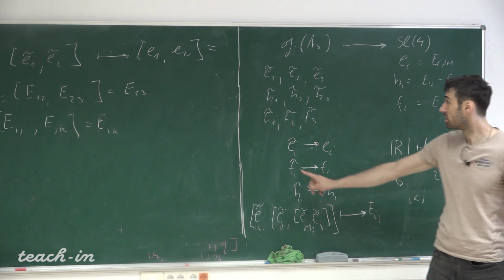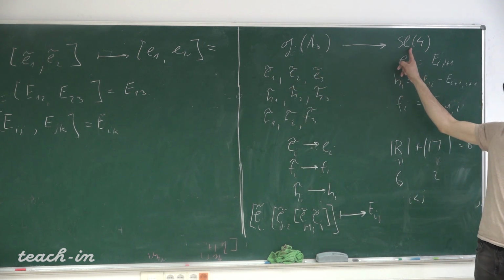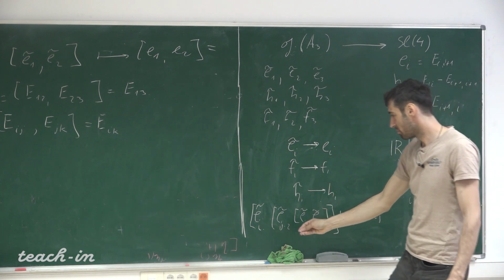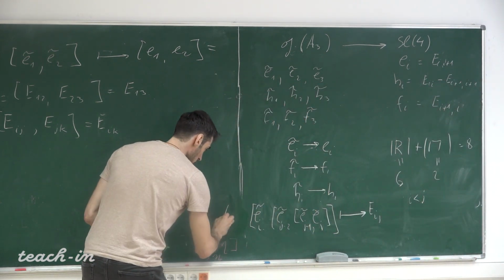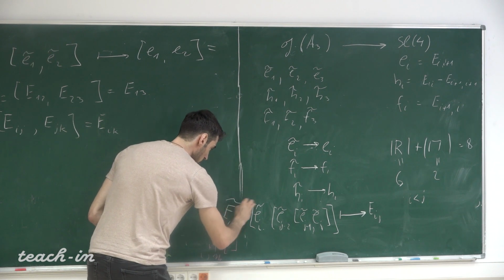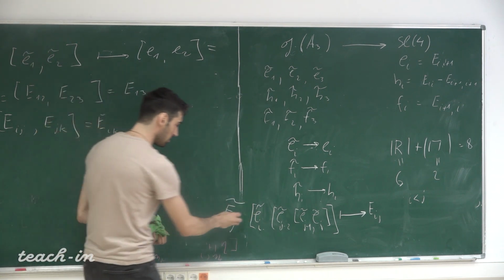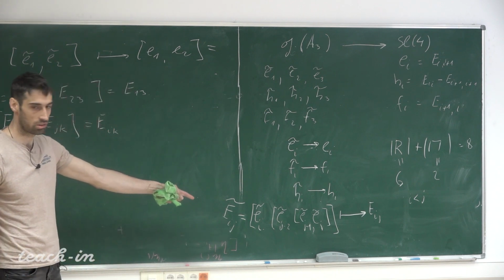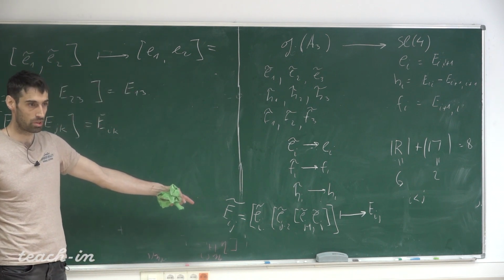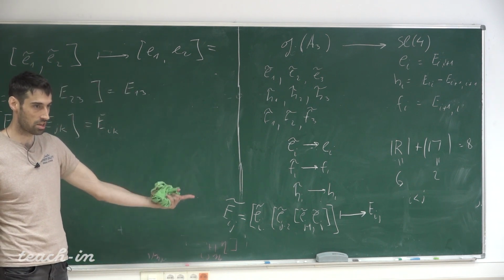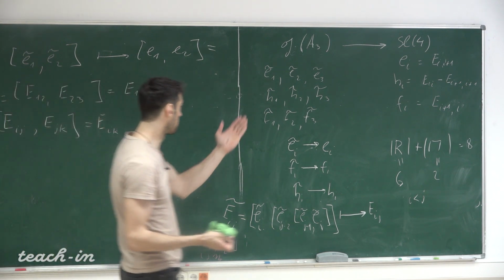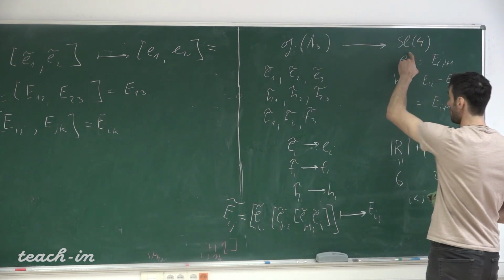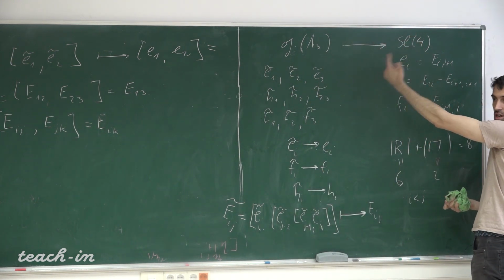Moreover, since I know that this is a surjective homomorphism, I know that all elements of this sort I can denote somehow, maybe E_ij tilde. I know that all the E_ij tildes are linearly independent. Because if I had some linear dependence, then by this homomorphism, this linear dependence would transfer to SL4.